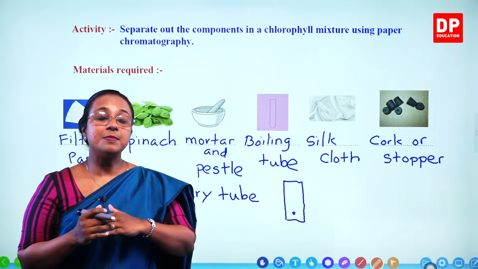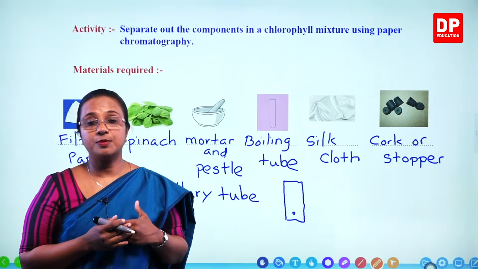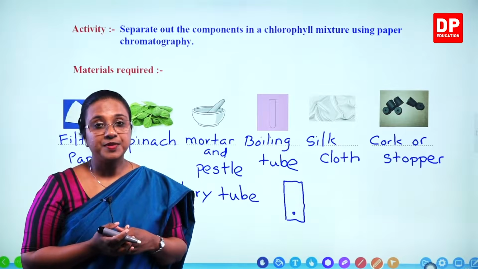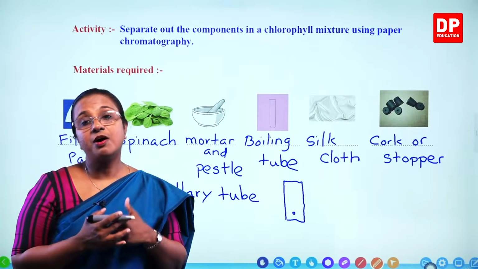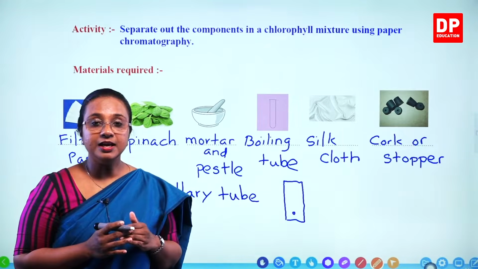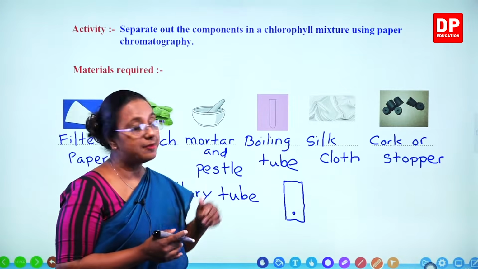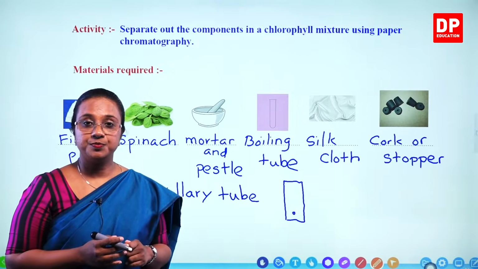Then the sample will spread throughout the paper. The separation will not be efficient. So it has to be a tiny spot. And also to make sure that there is enough of the sample, we allow the spot to dry and then re-spot it again with the same sample using the capillary tube.